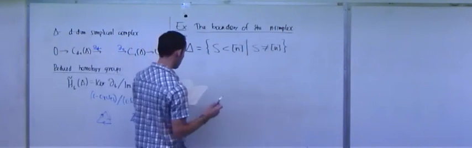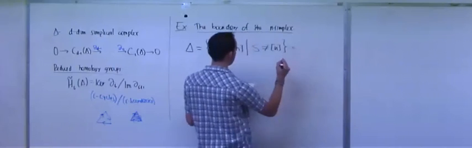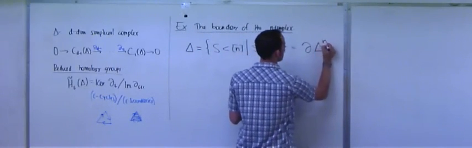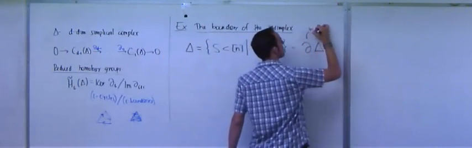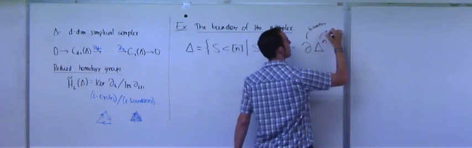So maybe we can do the example. We call this the boundary of the n simplex. Okay, so this means boundary, and this means n simplex.